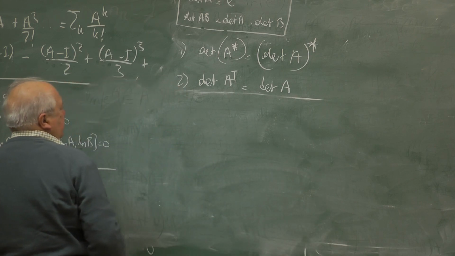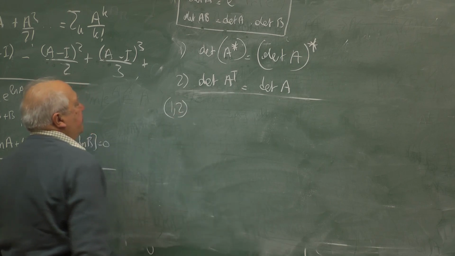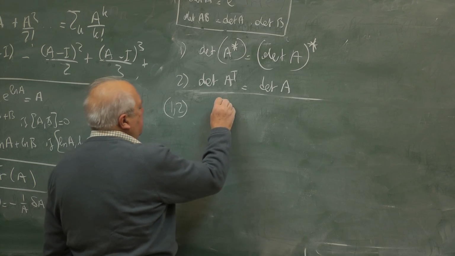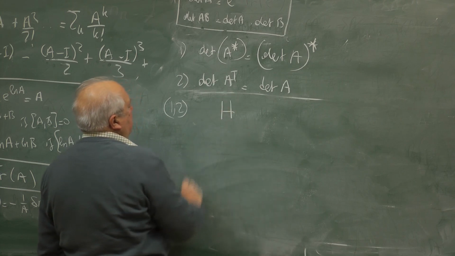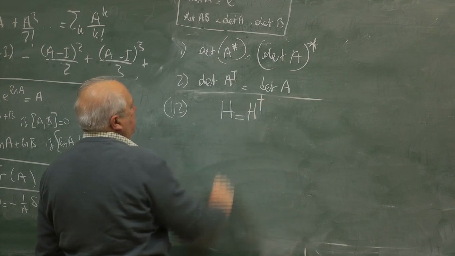Now, there is a property that follows from these two, and it is this. In physics, there are some matrices that are self-adjoint or Hermitian.